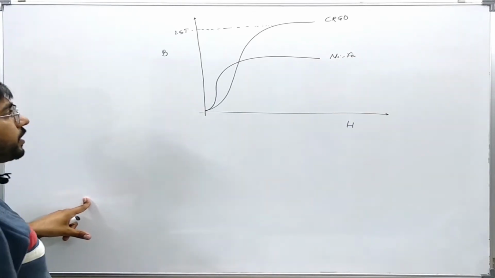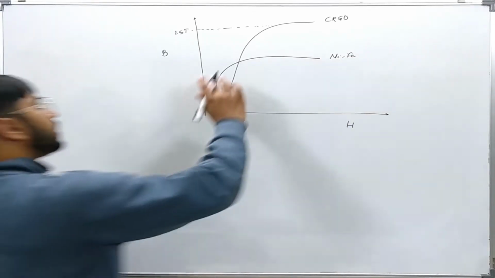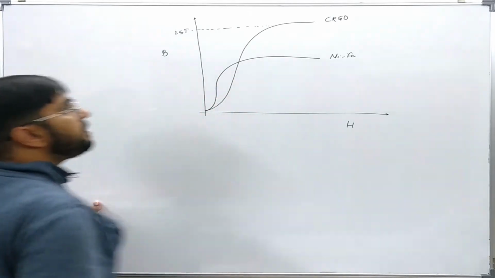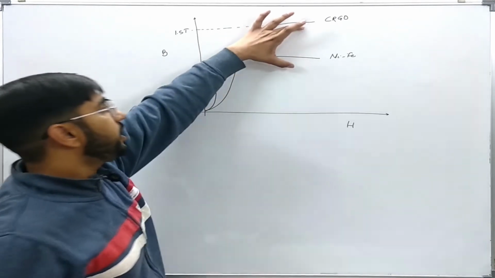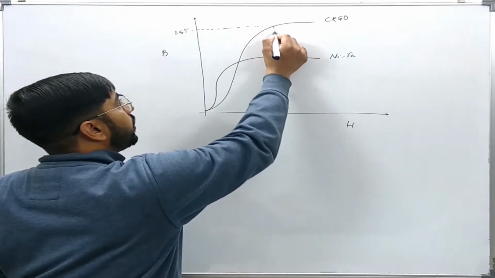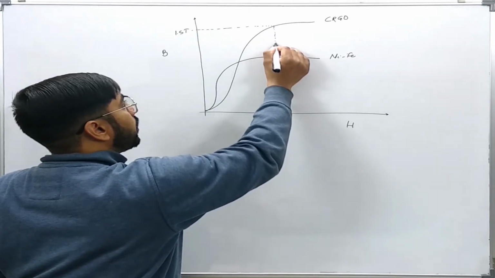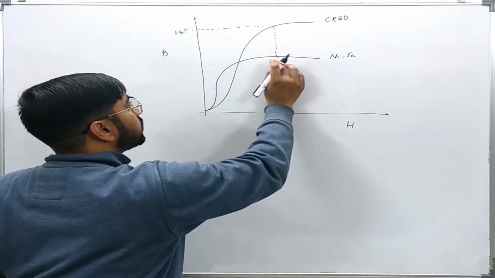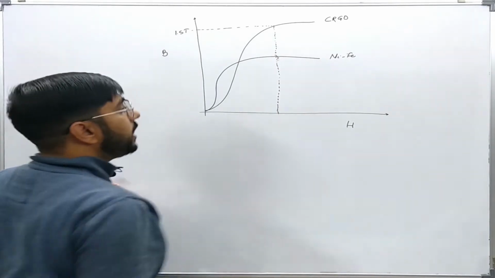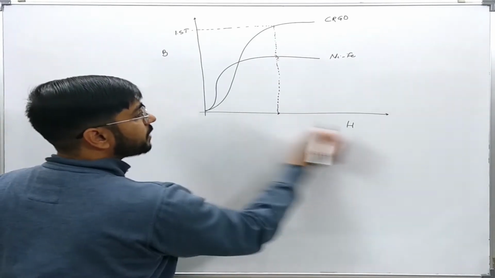Now, you can see that the CT or the transformer which will be made of the CRGO steel will get saturated at a higher level of ampere turns per meter.